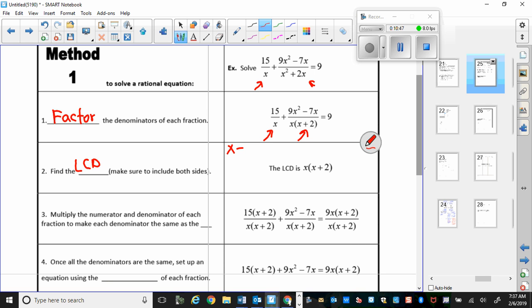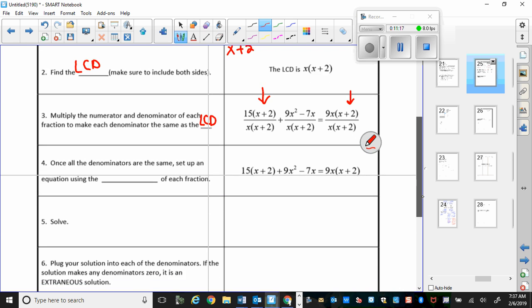I'm missing x plus 2 over here, so I'm going to multiply that on both sides. That's what they did. And what I do to one part of one side of an equation, I have to do to the other side. So if you notice, they did that to the other side. So this is multiplying the numerator and denominator of each fraction to make sure each denominator is the same as the lowest common denominator. All right, so we did that.